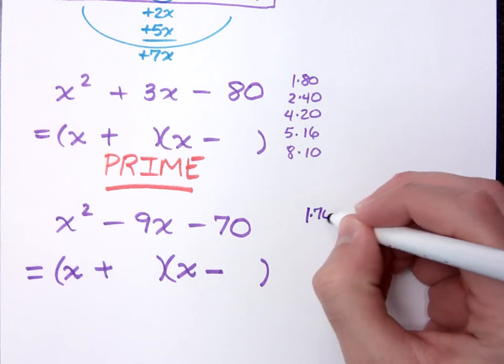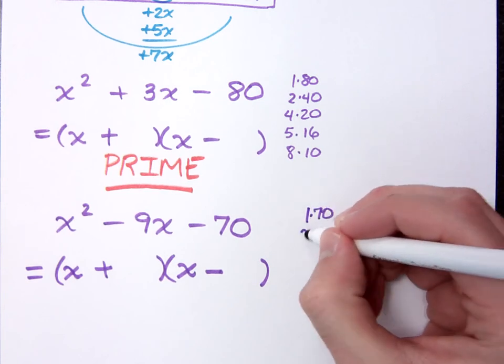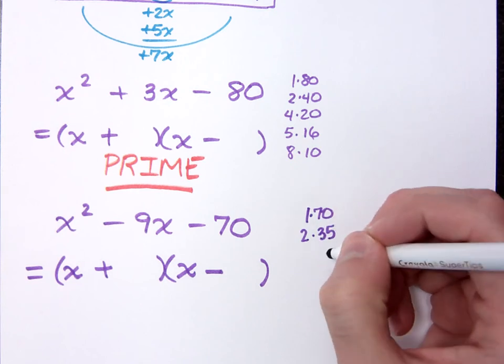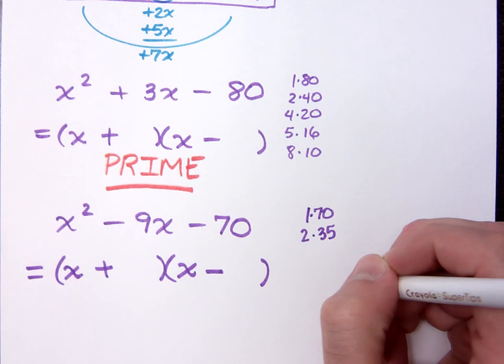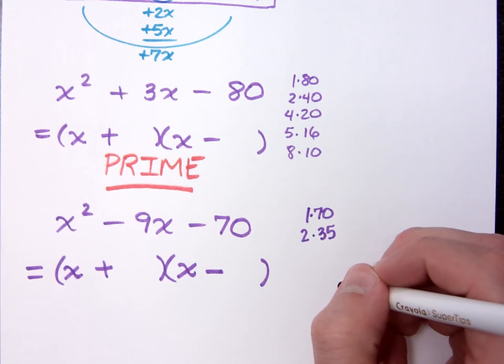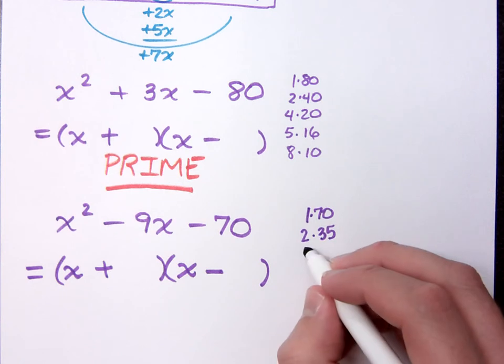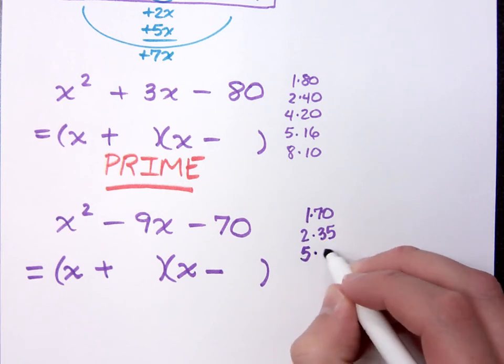I got 1 and 70. Does 2 go into 70? 35 times. Does 3 go into 70? No. Does 4? No. Does 5? 14 times.